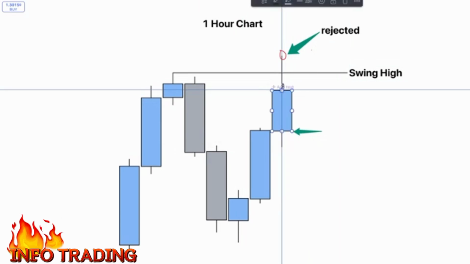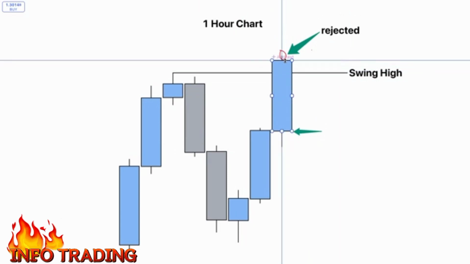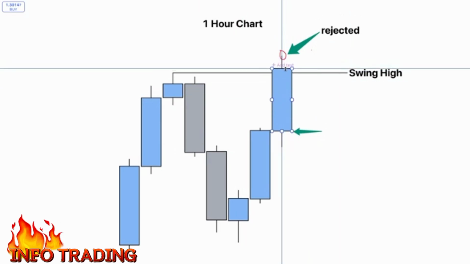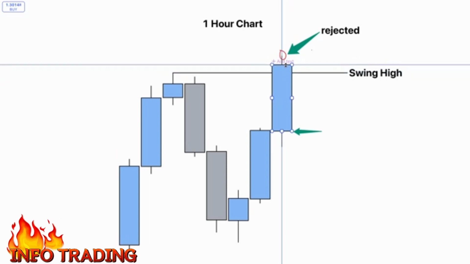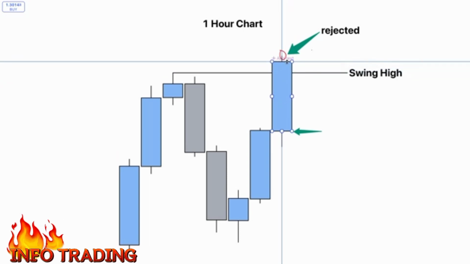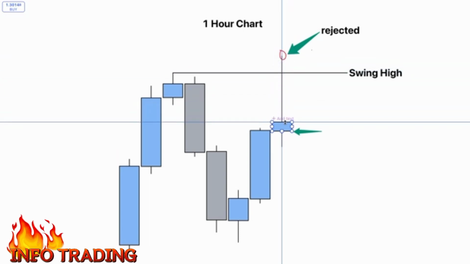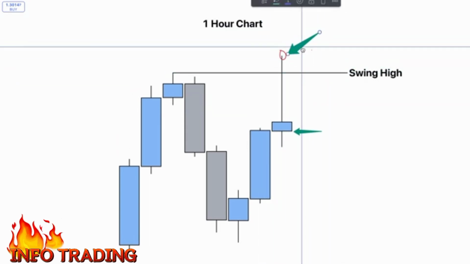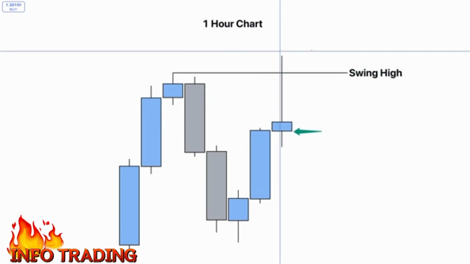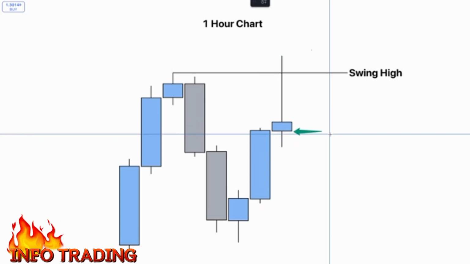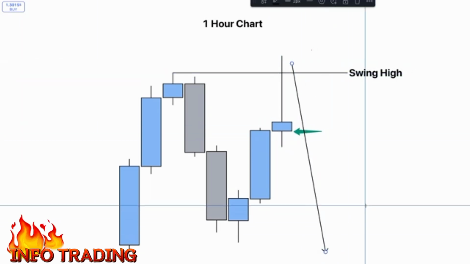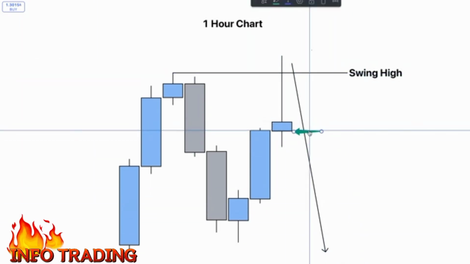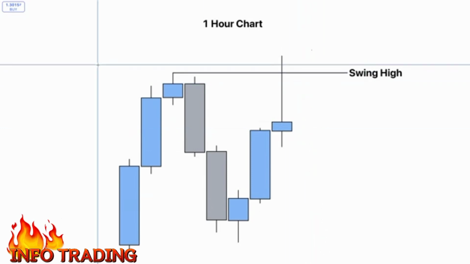Now, if you saw this candle while it was open and it's moving up and down, and you decide to buy this candle before it closes because you think that it's closing above the swing high, well, if the candle then pushes all the way back down here, you've bought on unconfirmed price action.